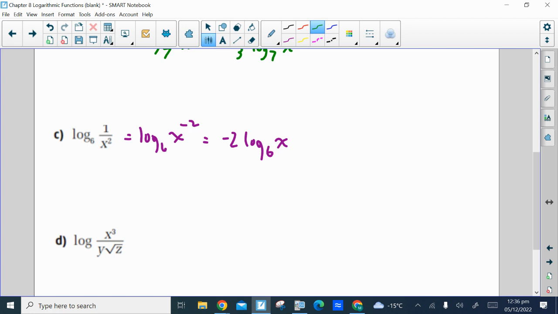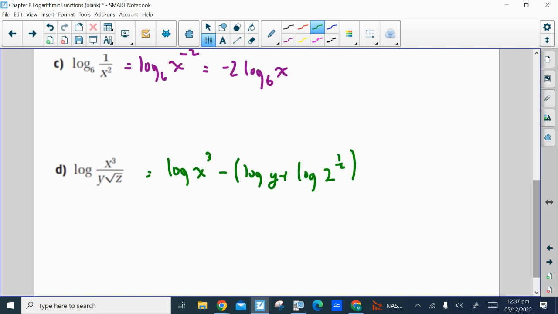With question D, because you've got two factors on the bottom that are multiplied together, my first step would be to write it like this. We have log of x cubed minus, because those two on the bottom are a quotient, a denominator, but inside brackets here, you've got y times the root of z, which is log of y plus log of z to the 1/2.